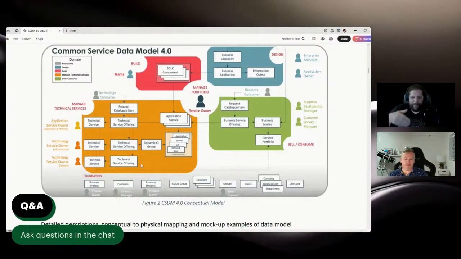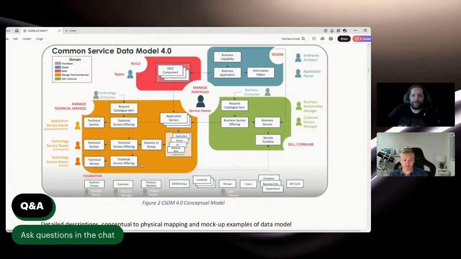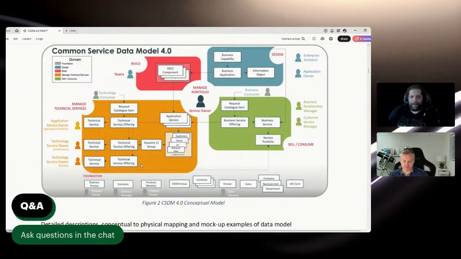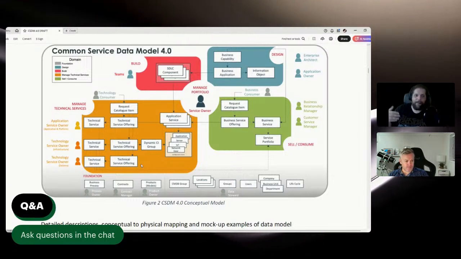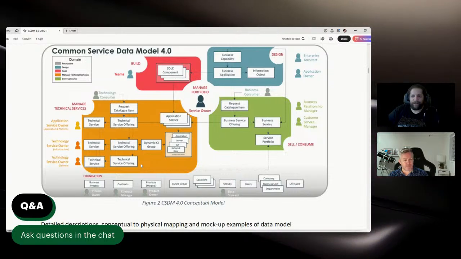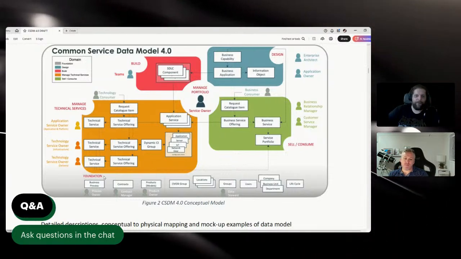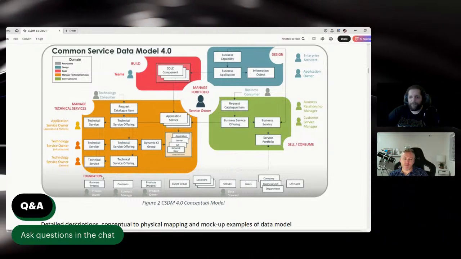It's not stupid, but it's relying on certain structures, and it needs certain structures to train the model, right? And a properly implemented CSDM will always improve the results of any sort of automation, and in particular AI integration, wouldn't you say?